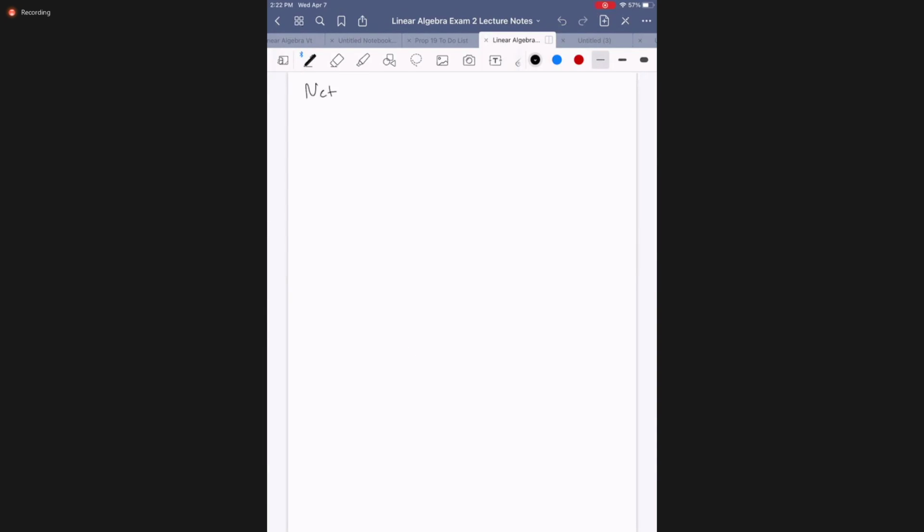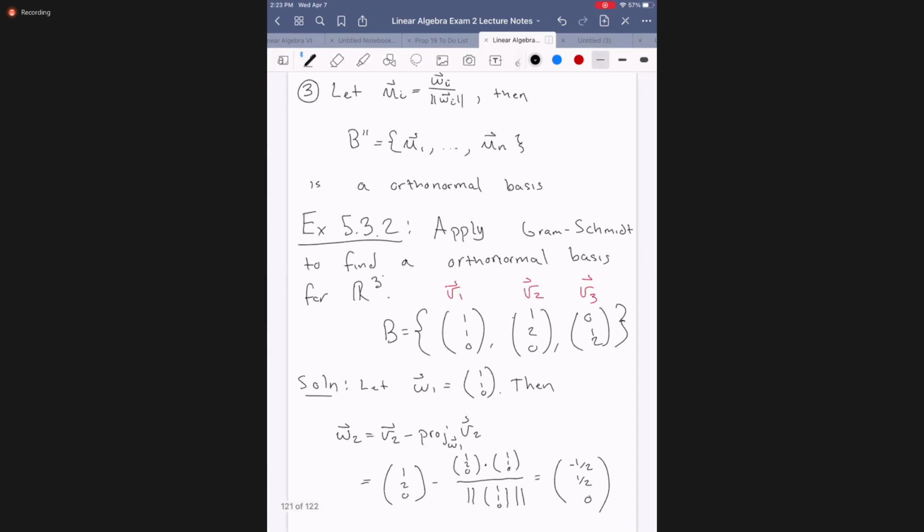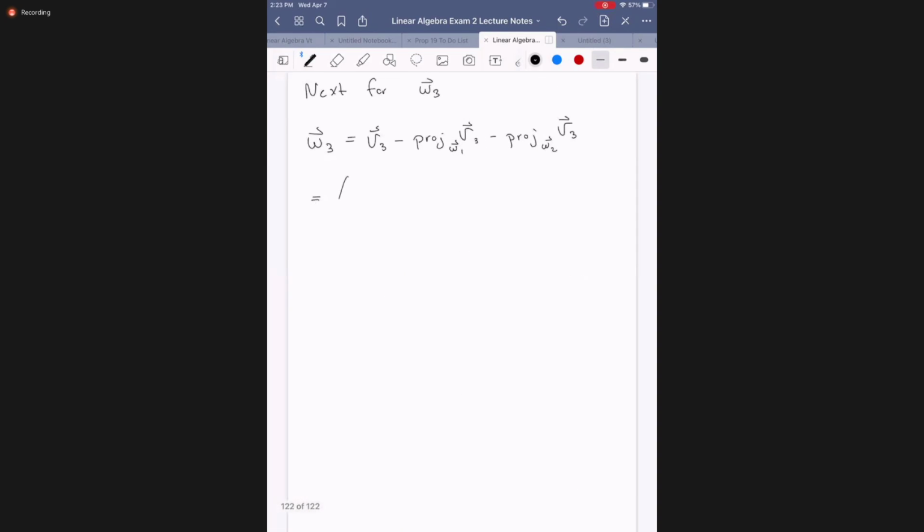Next, for W3, it is going to be V3 minus the projection of V3 onto W1 minus the projection of V3 onto W2, right? So what's V3 here? (0, 1, 2) minus the projection of this.